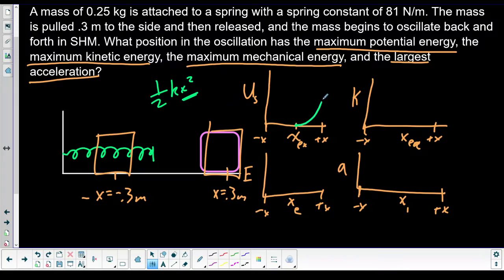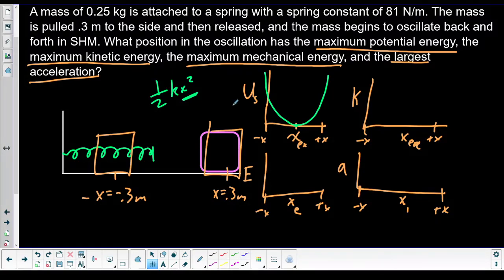So this is going to be kind of parabolic, like so. And if we go negative, notice that if we square a negative, it turns positive. So this will also increase, and we're going to have a parabola-looking potential energy.